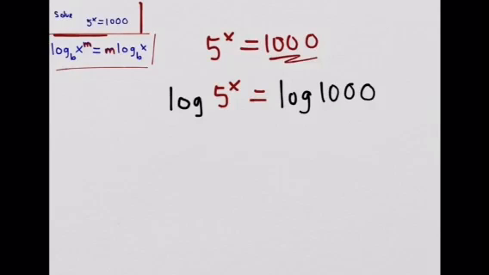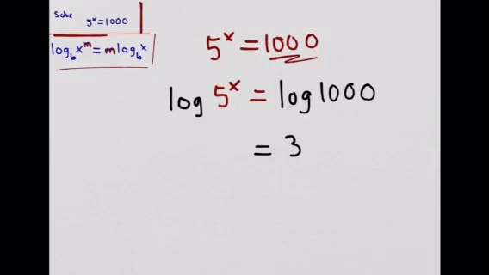The right side is pretty simple. It's base 10, so it should be 3, right? 10 to the 3 is 1,000.